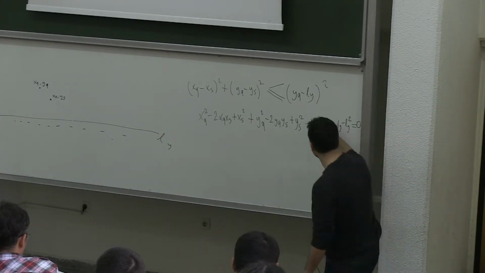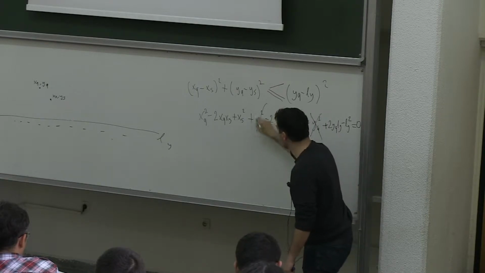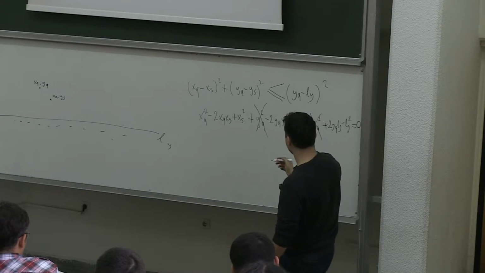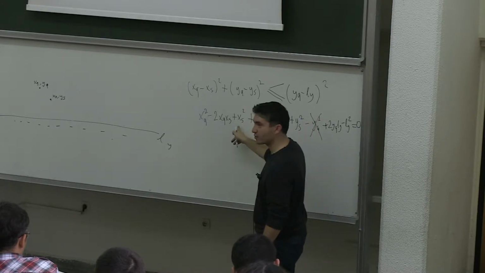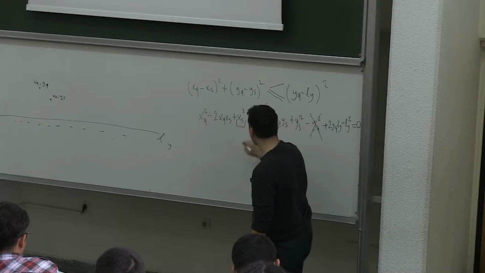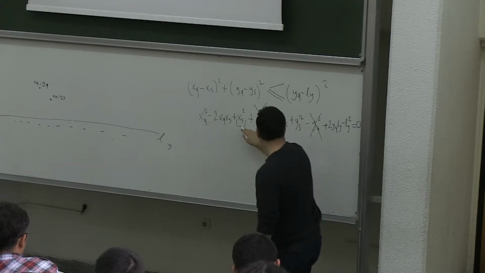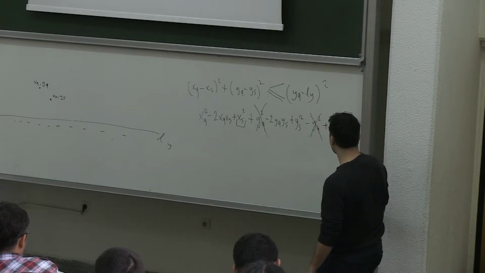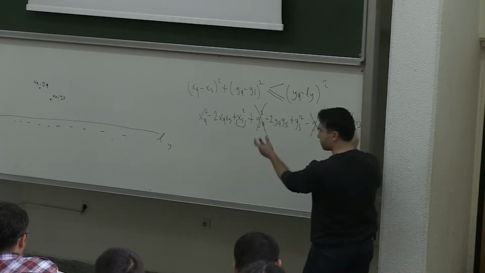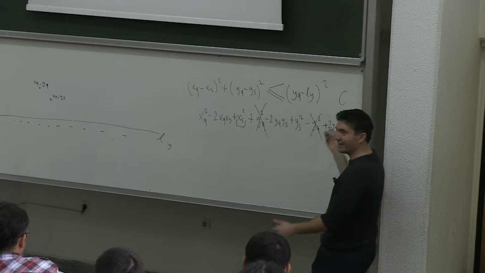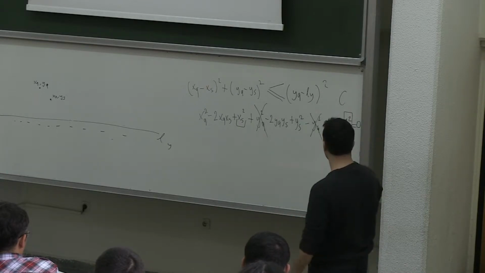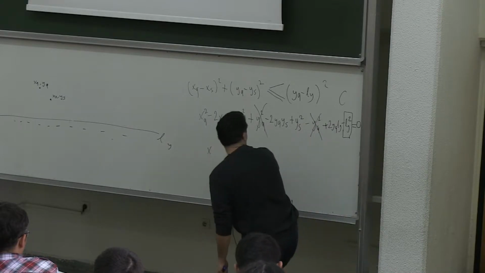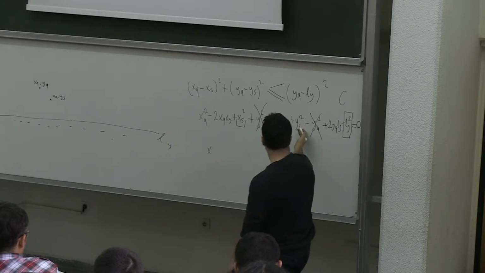Here, some terms cancel out each other, so yq squared goes. Some things are constant. I know my site's coordinates, so those are constants, and I can get rid of them. I know ly as well, so I can collect them together and call it a constant. ys squared is also a constant.